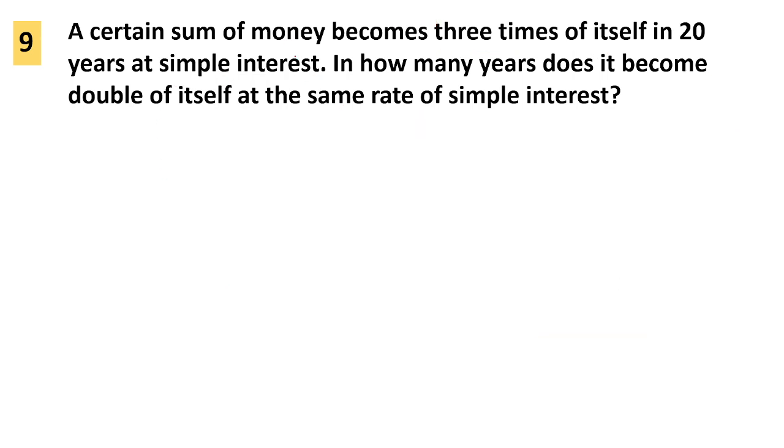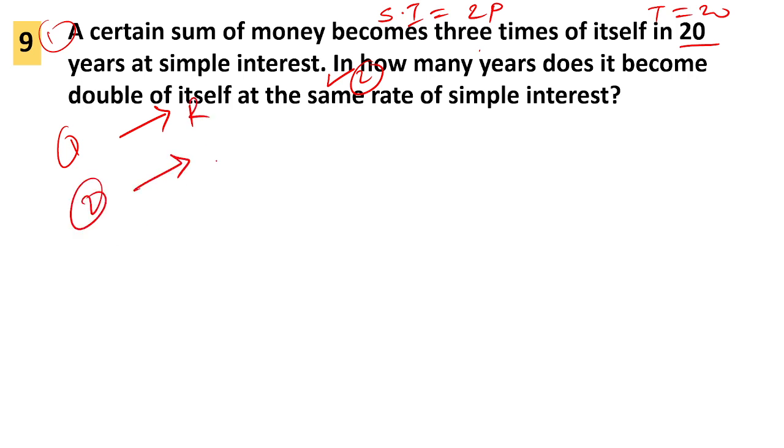Let me again tell the logic. First they have mentioned some money becomes 3 times, so the simple interest will be 2P. They are providing the time also, that is 20. Then in how many years does it become double? From the first condition you have to find R, and from the second they are asking to find the time.